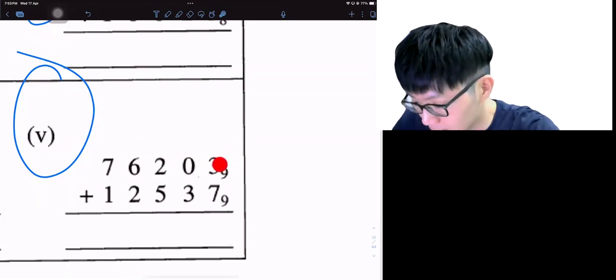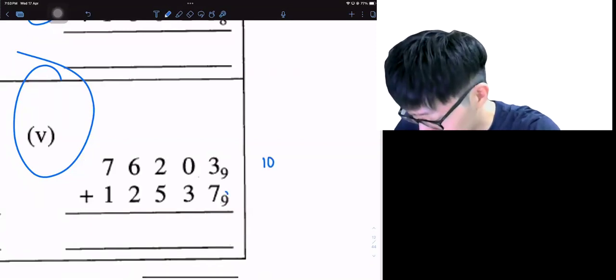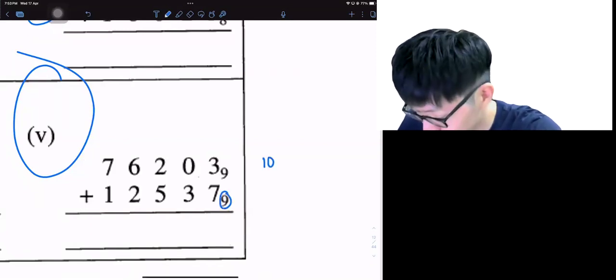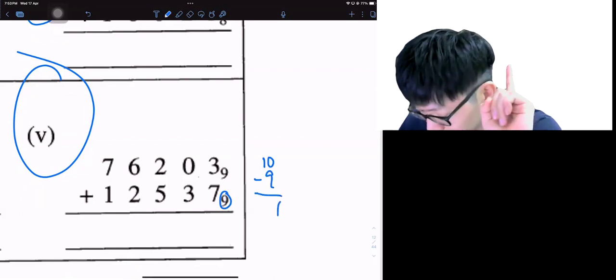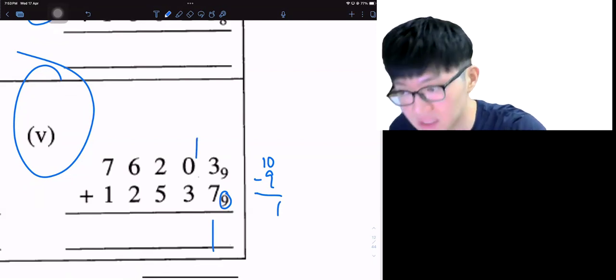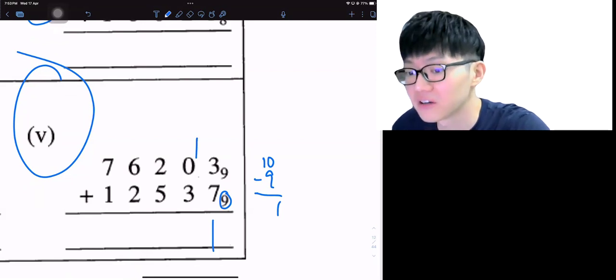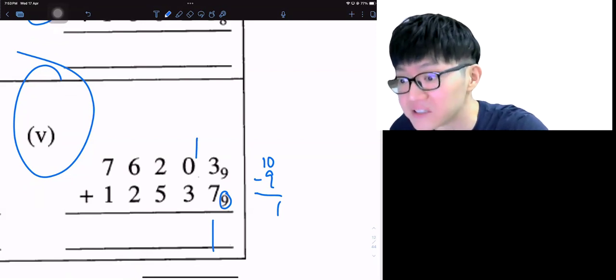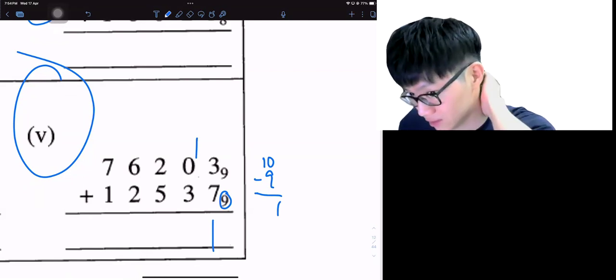Or 3 plus 7 is 10, but you are doing base 9, so you just minus 9. The remainder is 1. Then remember to plus 1 to the front, because it's supposedly 11. 3 plus 7 in base 9 is 11. Understand?